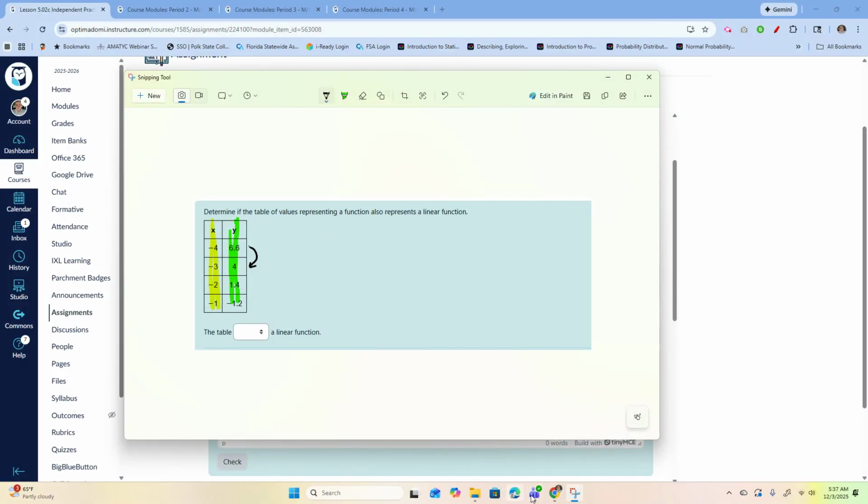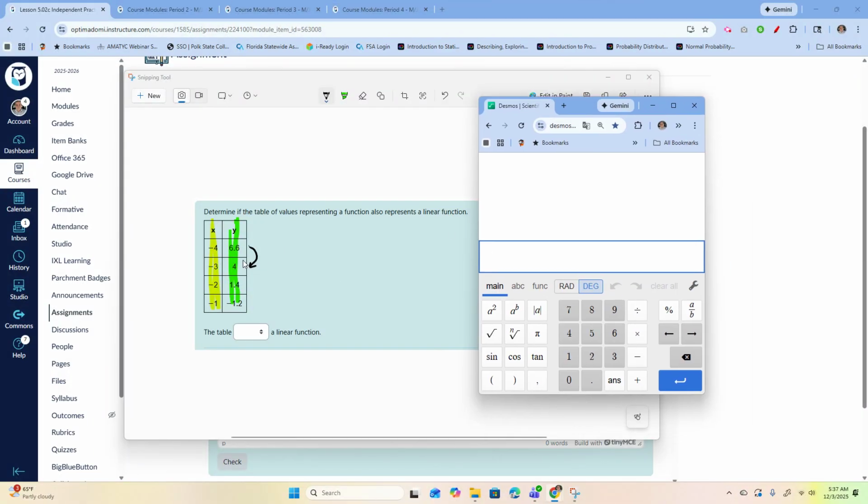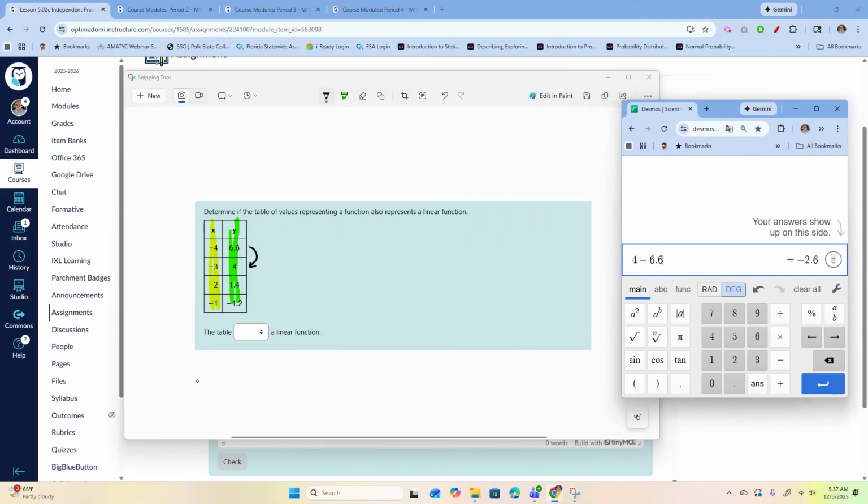To find that out, you're going to do subtraction. You take the second row, 4, and subtract the first row of the y's, 6.6, and you can see that I got negative 2.6.